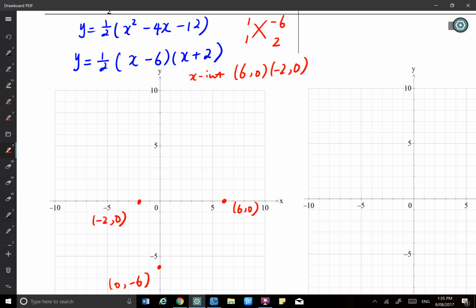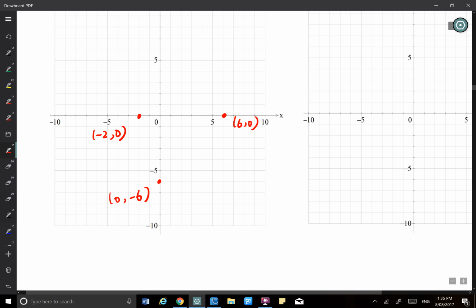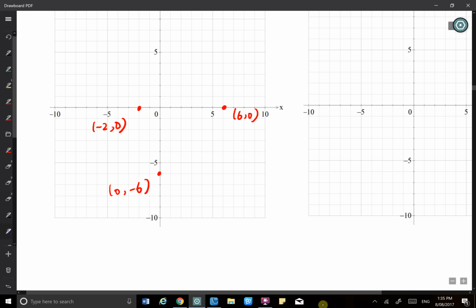Where is the middle? Yep, Emma, how do you find 2? You add those 2 x-intercepts. So that will also be the x of the turning point.